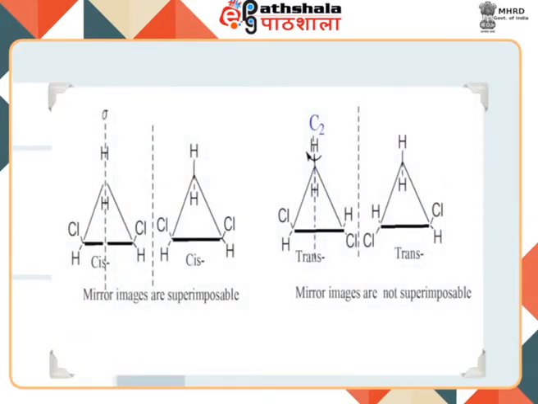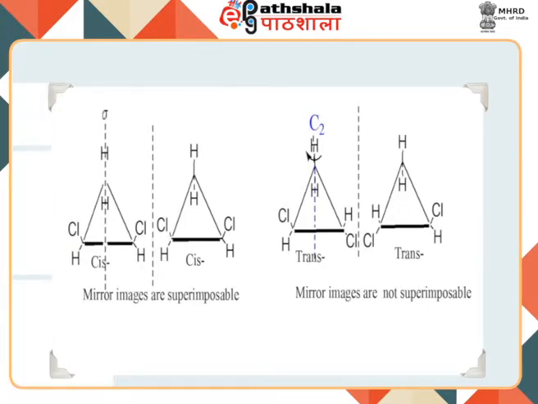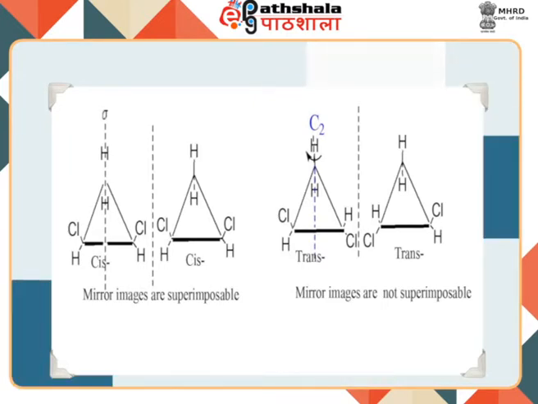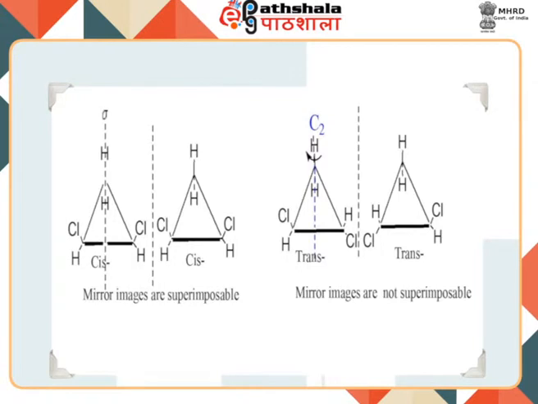Let us examine this definition, that is, dissymmetric molecules having optical activity. For this, let us take the example of cis and trans 1,2-dichlorocyclopropane as shown. The cis form has S1, sigma, so it cannot be optically active.